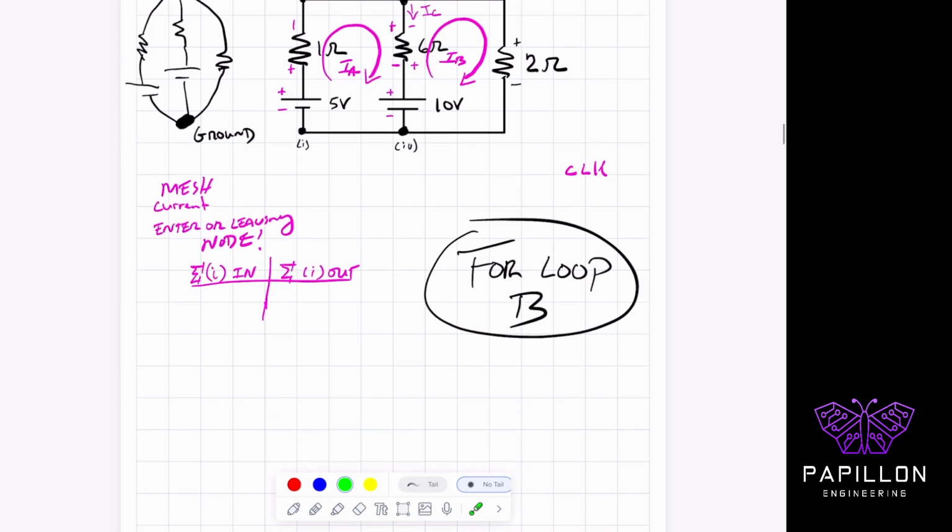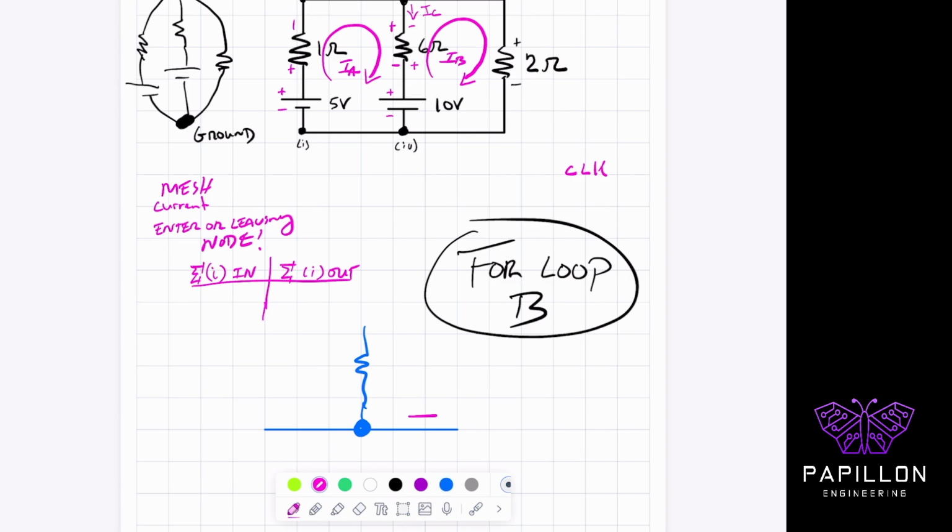The only way we can do that is if we evaluate the bottom node or the ground node. See if we can follow along this time. So check this out. I'm going to add the resistor here just to make it a little more clear.